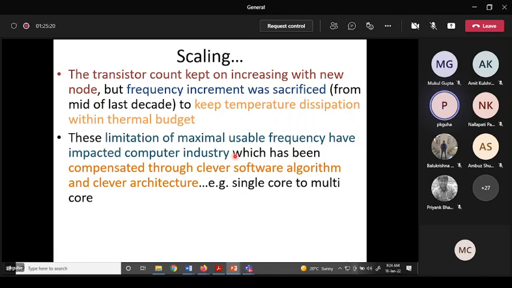Another aspect is that this limitation of maximal usable frequency has impacted the computer industry. Why? Because in the computer industry you want your processor to go very fast, to perform all the operations much faster than it used to do 5 years before. So there is a conflict between the requirements. One part of the industry wants a faster clock frequency, but it is not easy to achieve that, as I said, because there will be dissipation of a lot of power that will increase temperature heavily.